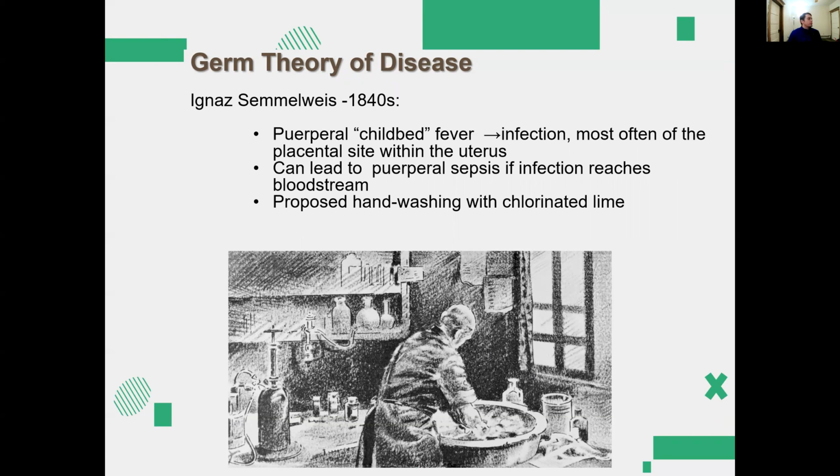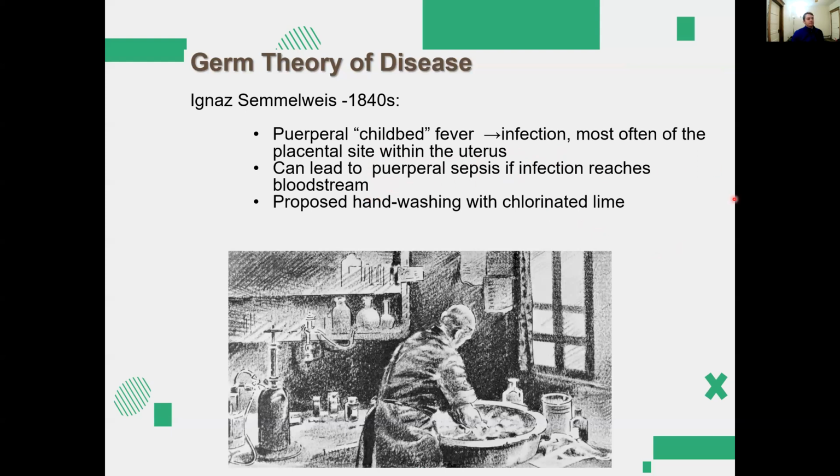That's puerperal fever. So almost a third of the women were dying because of that fever. And we now know that this fever is caused by an infection, most often of the placental site within the uterus, and this can lead to sepsis if the infection reaches the bloodstream.